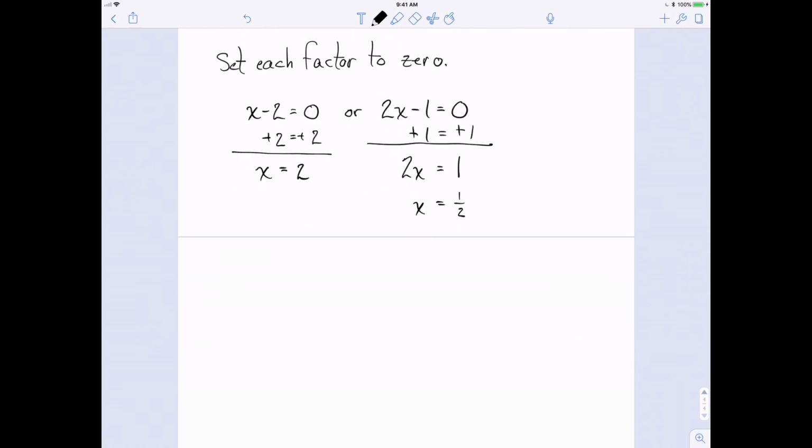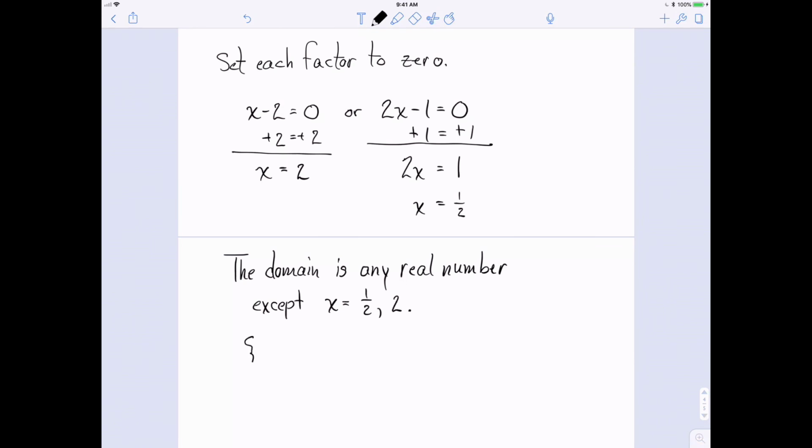So we would write our domain as, you could write a sentence, the domain is any real number except x cannot equal 1/2 and 2.